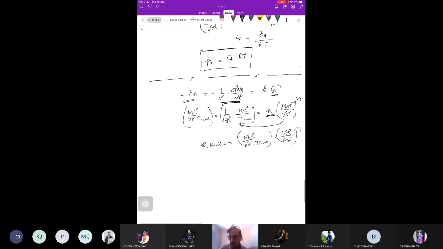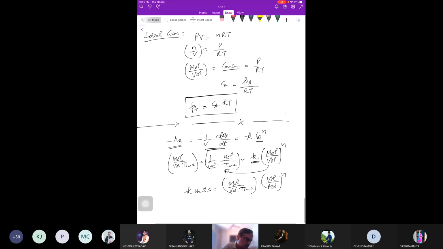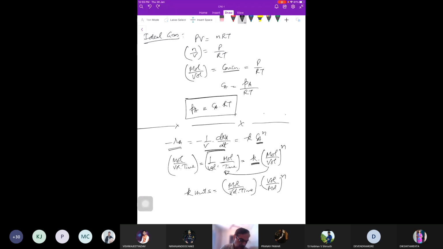ठीक है, दीक्षिता. Yes, sir. Units of K will be moles per unit volume raised to the power of 1 minus n, ये वहाँ से बना है, यहाँ से बना है, and time raised to the power of minus 1.